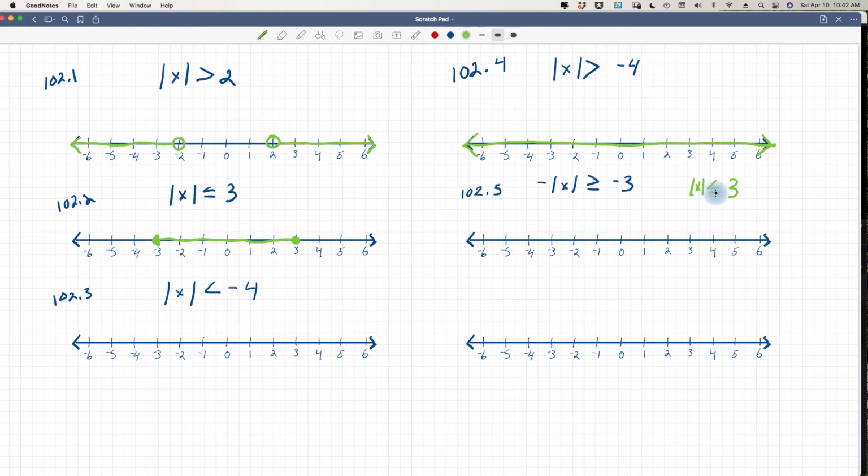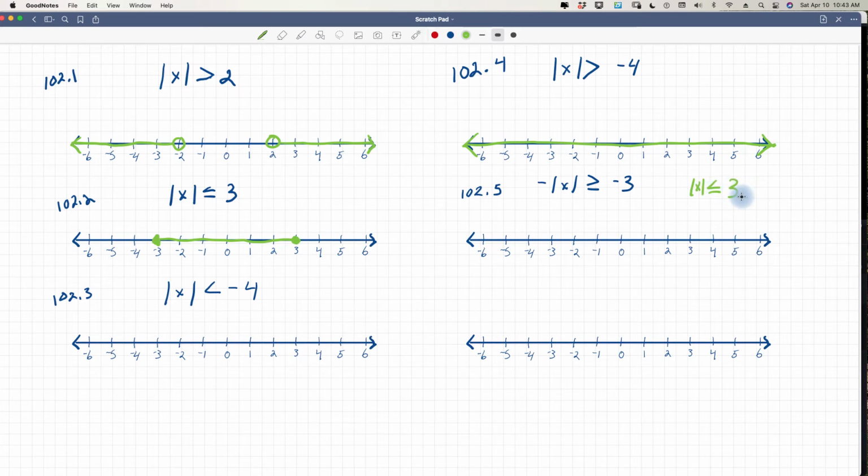We flip the symbol. Don't forget to flip the symbol when you multiply or divide by a negative number when you're dealing with inequalities. It makes a difference. It changes the value. So you have to flip the symbol.